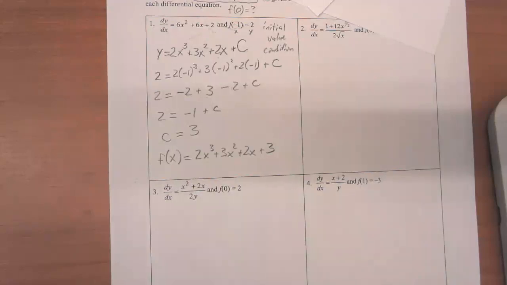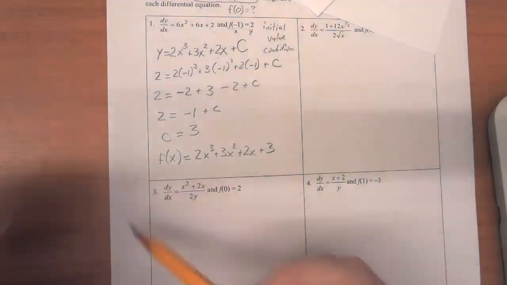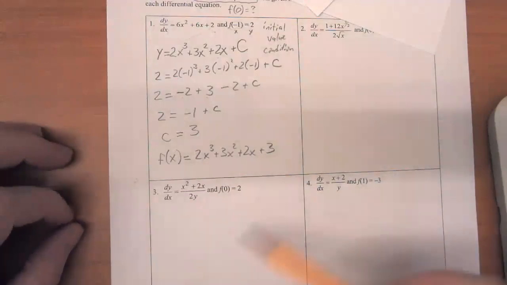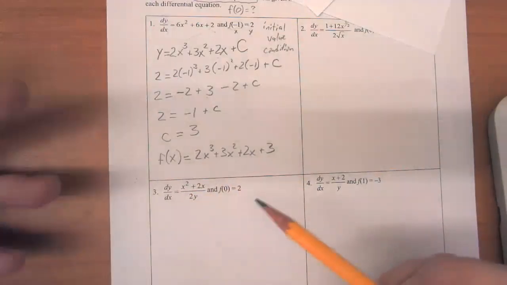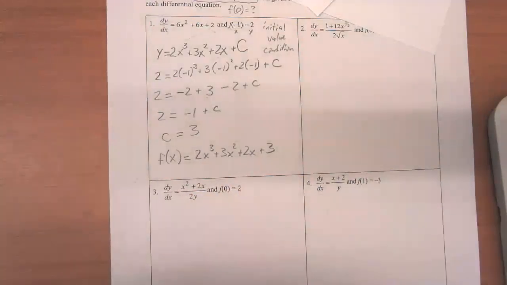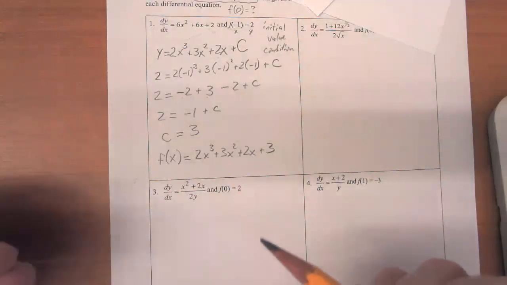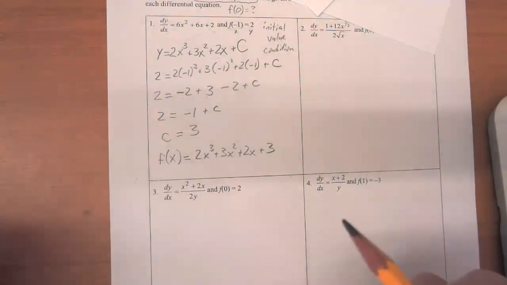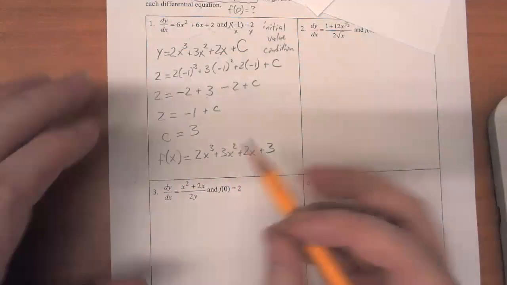And that way we were able to keep track of x's and y's interacting with each other. This is an example where we're going to do the same basic idea, except in reverse. Instead of differentiating both sides of the equation, we're going to integrate both sides of the equation.